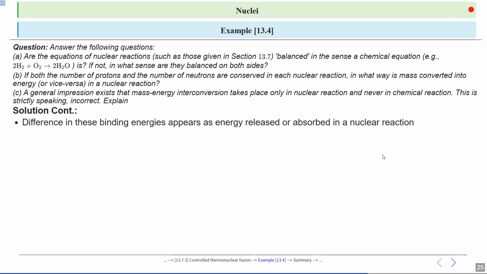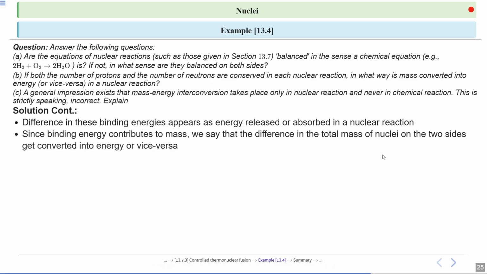First, notice that the difference in binding energies between the reactants and products in a nuclear reaction is what leads to the energy being released or absorbed. Binding energy is the energy that holds the nucleus together. Since binding energy actually contributes to the mass of a nucleus, any difference in the total binding energy between the two sides of a nuclear reaction means there will be a difference in mass.